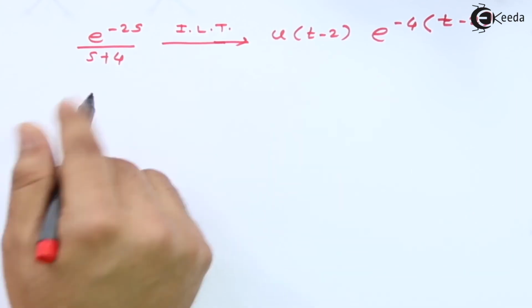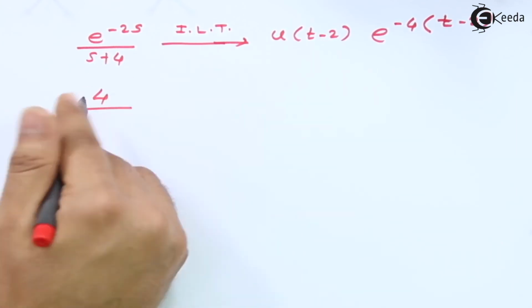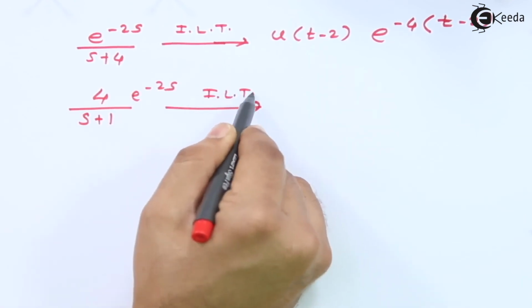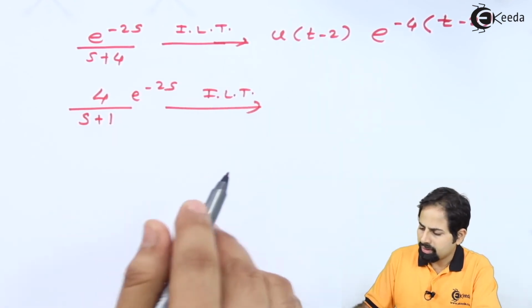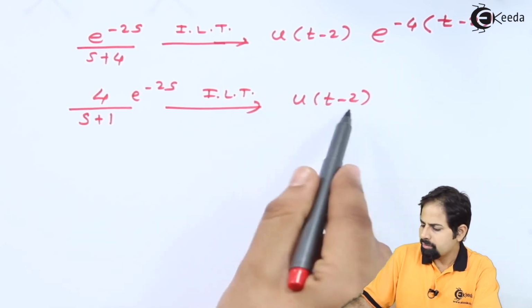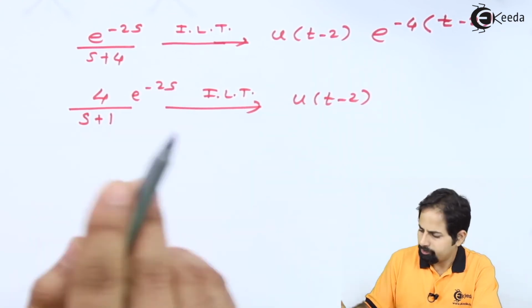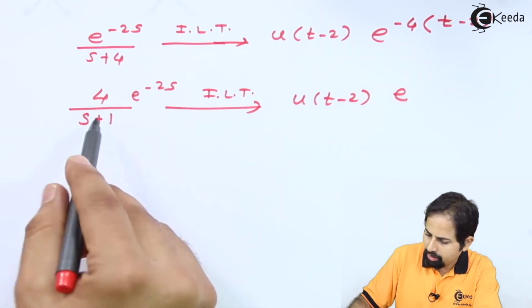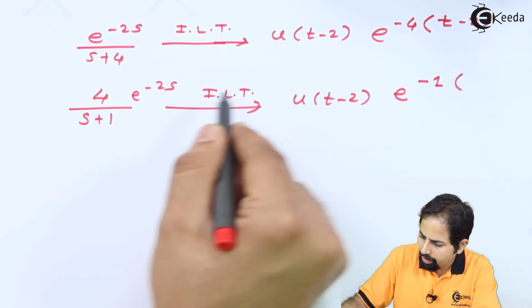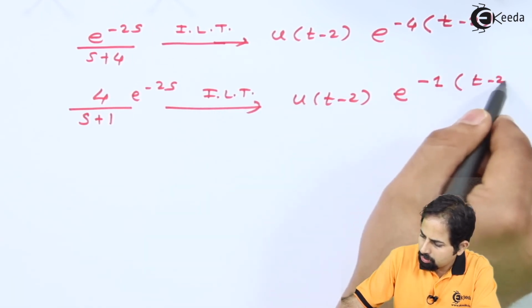Similarly, the second term on inverse Laplace transform should give us, because of the e raised to minus 2s term and s plus 1, e raised to minus 1 into t minus 2.